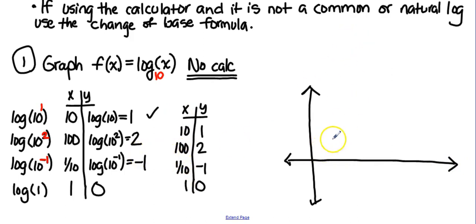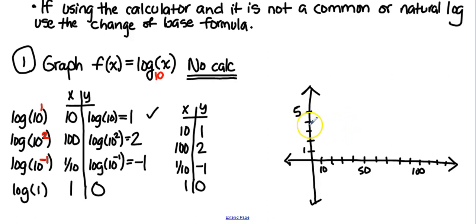So maybe I choose to count by tens: 10, 20, 30, 40, 50, 60, 70, 80, 90, 100. And then for my y values, 0 to 2. So I can count by ones, 2, 3, 4, 5. So it's going to be a rough sketch, but we still want it as accurate as possible.